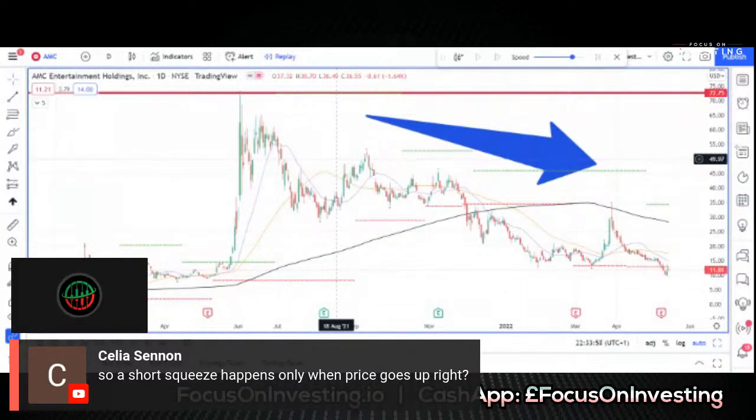Even though it's a fundamental play and I'm a technical analyst, I understand the fundamentals that go into setting up a short squeeze play, right? And if those fundamentals are not there, I prefer to tell you the bad news and have you educated rather than have you get caught out, right?